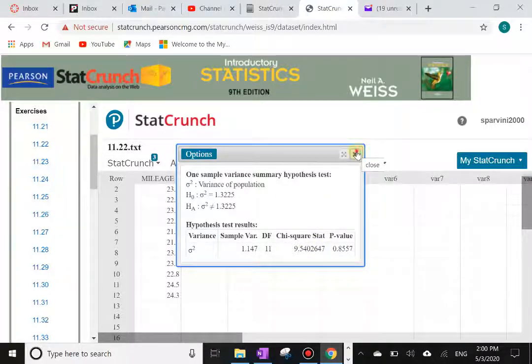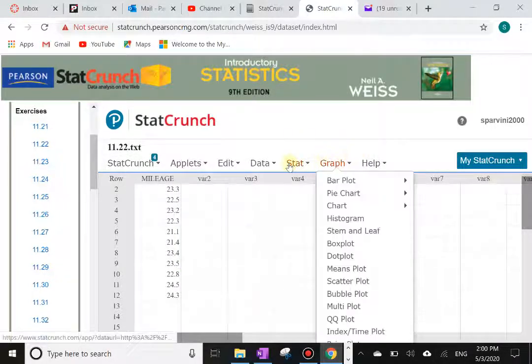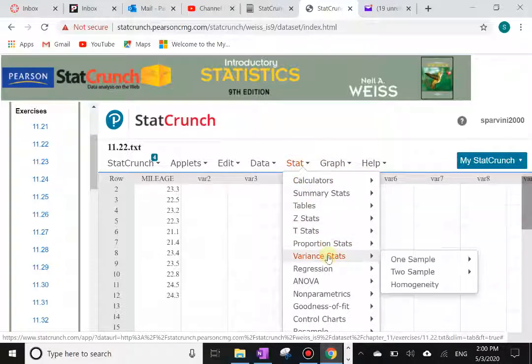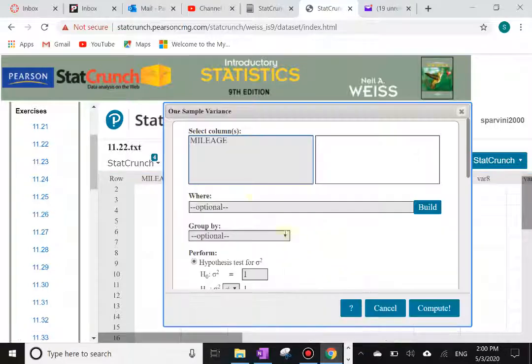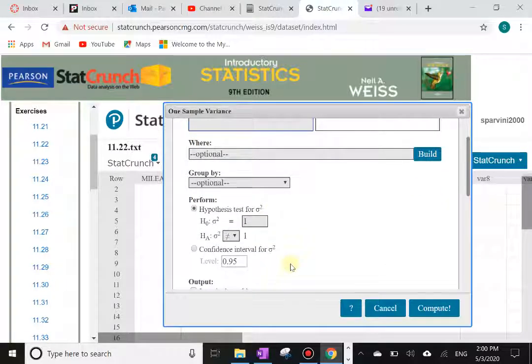Now let me do exactly the same thing with data. So I go stat, variance stats, one sample with data. Click on the mileage, left click once, and that's all. Notice I don't have to give it the sample size or the deviation, because StatCrunch can find it from that column of mileage, because it has the data at hand.